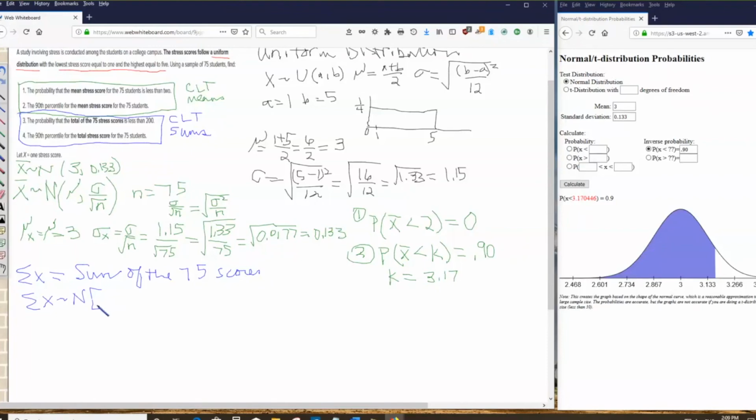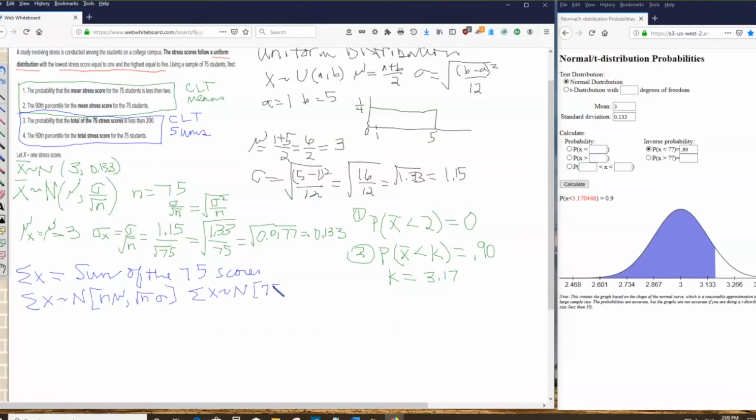Well, I'll write down the formula first. So this is n times mu and the square root of n times sigma. So that's going to be the summation of x, the normal distribution.